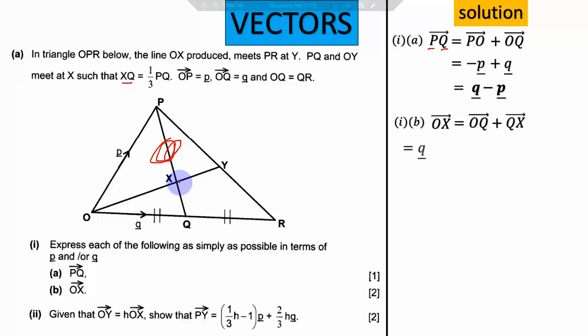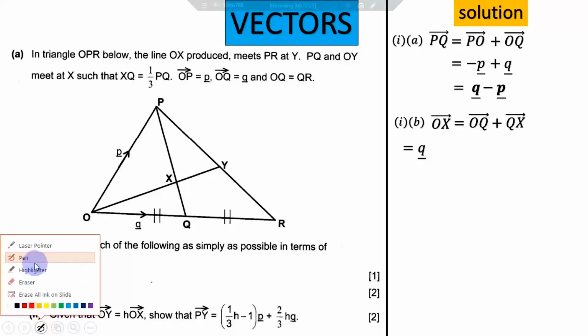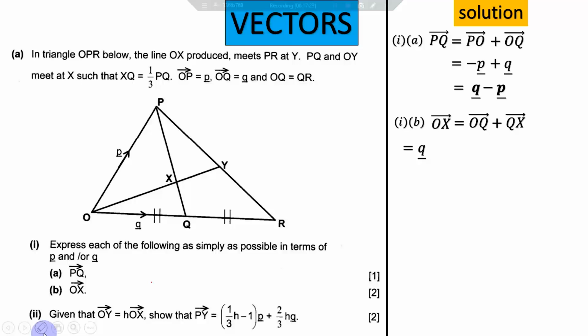OQ is just Q, because we are going in the same direction as the arrow. Then QX. The vector that we just found, PQ, is going from P to Q. But now we are going against that arrow, QX.